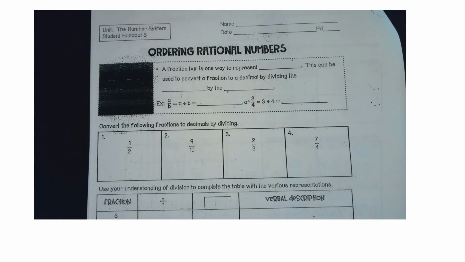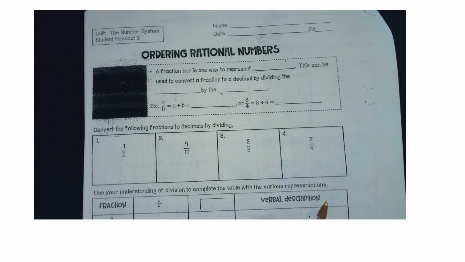Yesterday we went over classifying different numbers as either being whole numbers, integers, or rational numbers. We also put some decimals in order, negative and positives. We have converted some percentages into decimals. Now we're looking at ordering rational numbers.